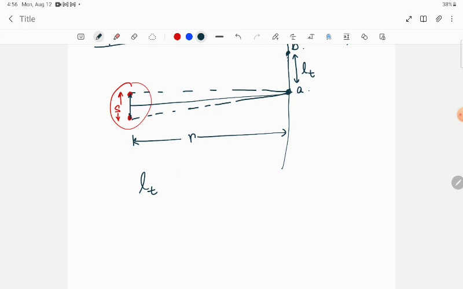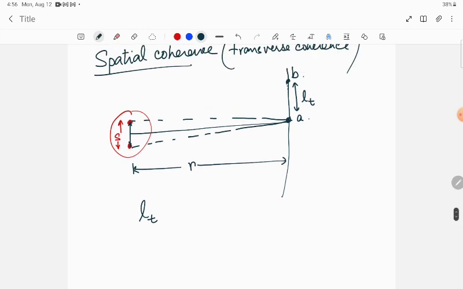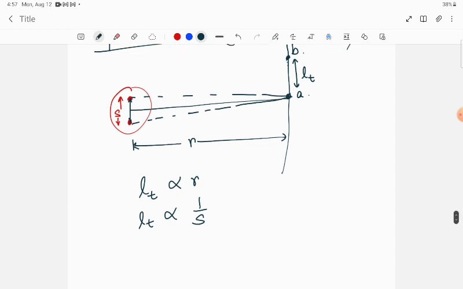In this scenario, the way one can define it, first you can think that L_T should be proportional to R. So L_T can be large if R is large. Larger R means what? The separation of the two source points is nearly negligible, so you can't make out their separation. So L_T is large when R is large, and L_T is inversely proportional to S. If S gets bigger, of course your transverse coherence length becomes smaller.